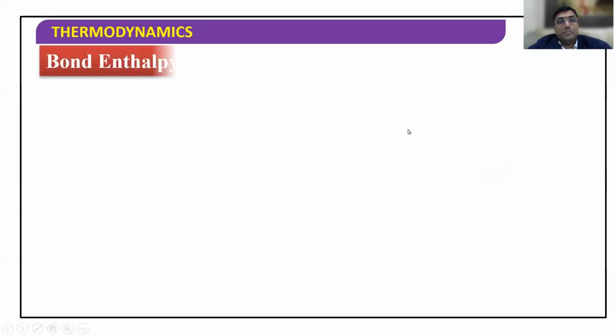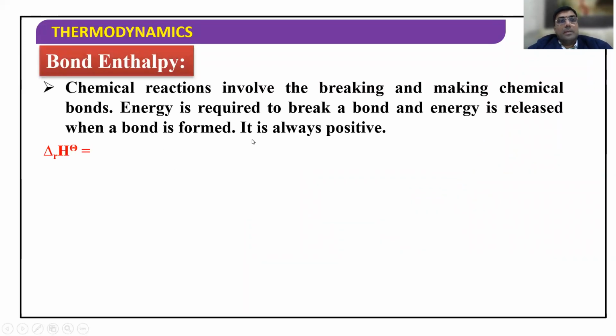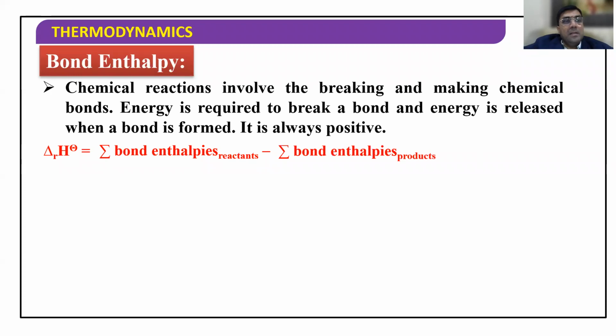Let's see the definition. Chemical reactions involve bond breaking and bond making. Energy required to break a bond is always positive, and energy released when a bond is formed is negative. So whenever you break a bond, it is an endothermic process, and whenever a bond is formed, it is an exothermic process. The heat of reaction may be positive or negative.